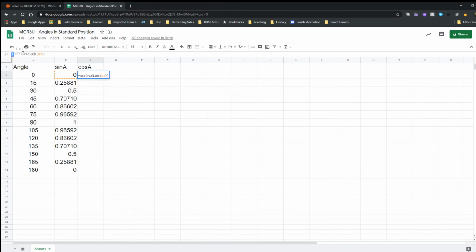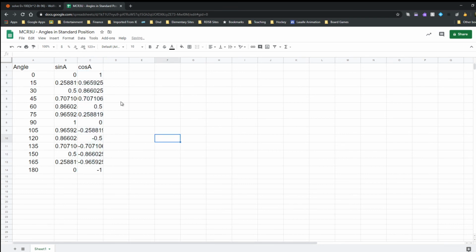And I'm going to change the B2, because I slid it over, it immediately changed it to B2, but I still want it to be doing the cosine of A2. And now that I have that one done, I'm just going to drag down the corner. Bing, bang, boom. All of those are done.